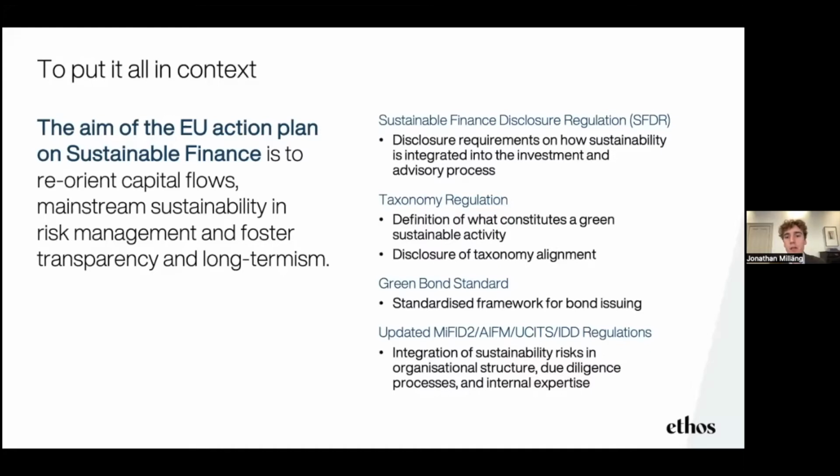The Green Bond Standard simply takes the taxonomy regulation and applies it to green bonds. So if you want to issue a bond according to the taxonomy, you can do so. Everything that we talk about today, you will be able to also issue in a green bond framework, so basically a use of proceeds bond that would be used to fulfill one of the taxonomy objectives.